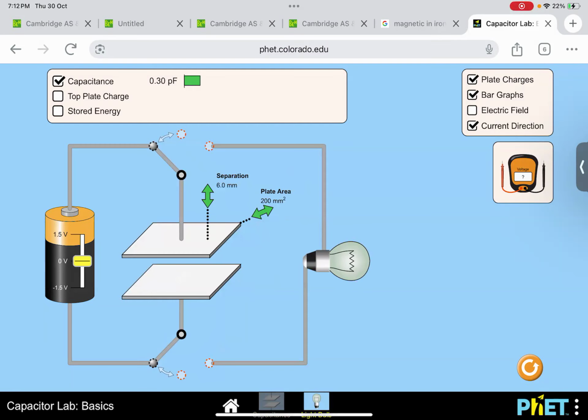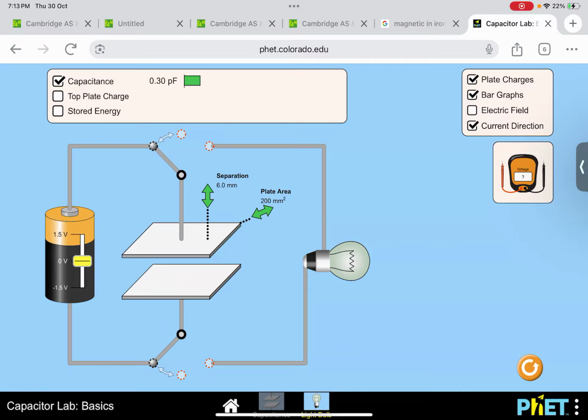So I have the parallel plate capacitor connected with a battery, and I can make the battery positively charged or negatively charged. If I shift the slider upward, the battery becomes positive. If I slide it downward, the battery becomes negative. Right?